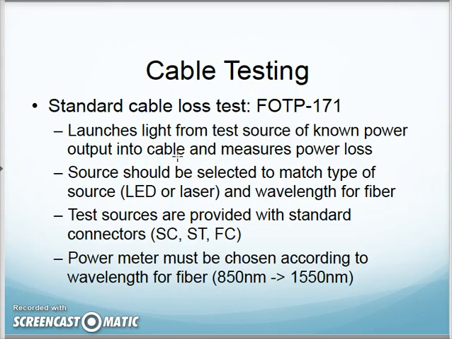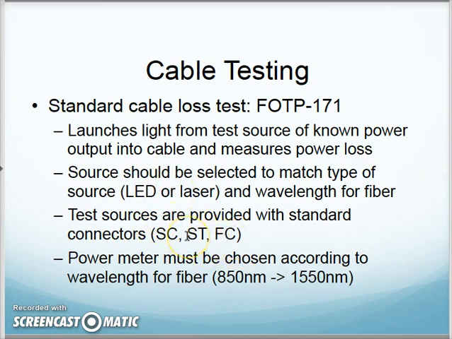They talk about some different loss tests that can be done, and there's also fiber optic test procedure 171, and there's another one they mentioned a little bit later. You launch a light from a source of a known power output, and the other end, the meter end, measures the power loss. You set the meter itself on either LED or laser, depending on the wavelength of light you're using.